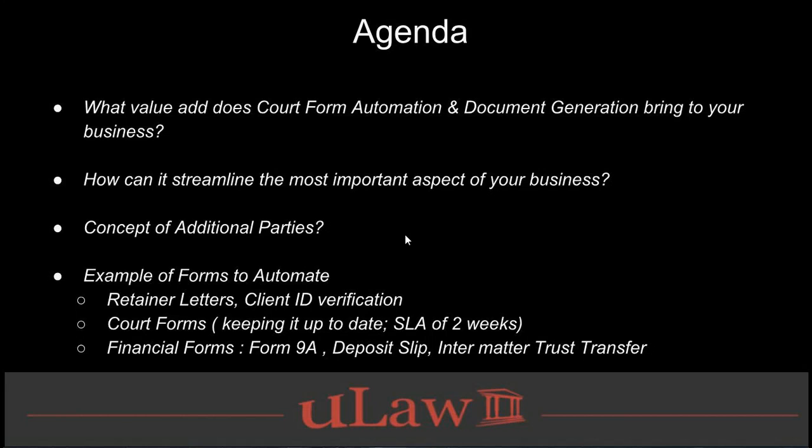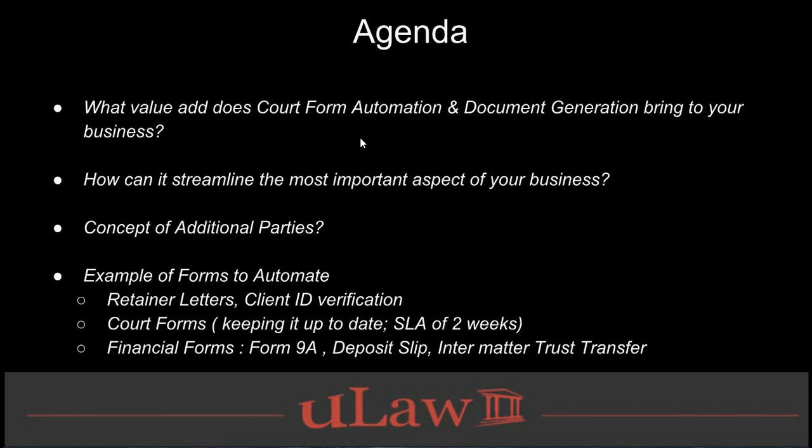In addition to court forms, as I mentioned, I'll also talk to you about some of the other documents that we automate with information, such as the retainer letters, credit verification, a lot of the client-based documents, I would have to say. Once you've provided us with some basic information about the client as well as what the matter is, a lot of the documents, both for Law Society purposes and also for your own, I would say, client intake process, we do help you with automating those documents.